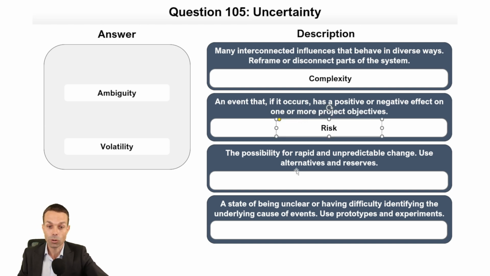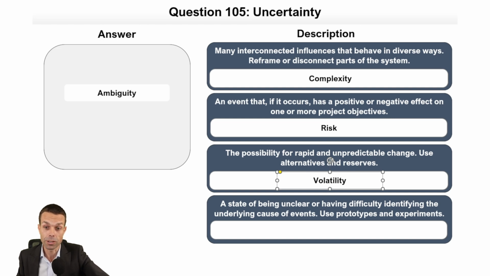The probability or the possibility for rapid and unpredictable change, use alternatives and have reserves at the ready. That's volatility. And it's giving us good ways to handle this, by the way. Reframe or disconnect parts of the system, use alternatives and reserves. Now, the last one, a state of being unclear or having difficulty identifying the underlying cause of events.